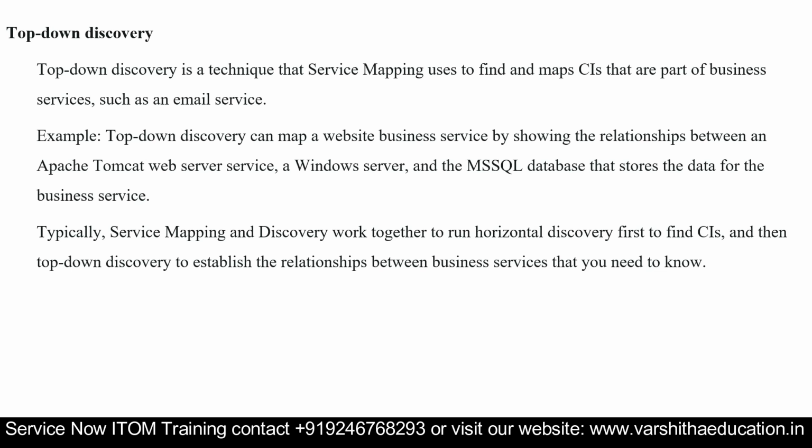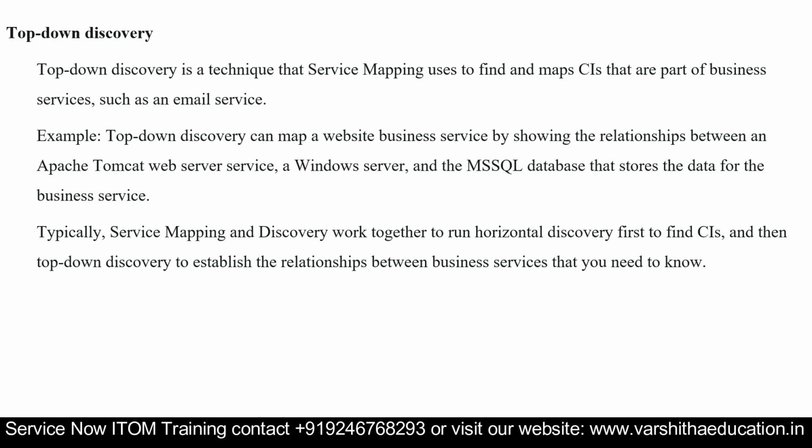Typically, Service Mapping and Discovery work together: run horizontal discovery first to find the CIs, and then top-down discovery establishes the relationships between the business services that you need to know. These two lines are very important. So the two techniques we can follow in discovery are horizontal discovery and top-down discovery. First we use horizontal discovery to find the CIs, the configuration items.